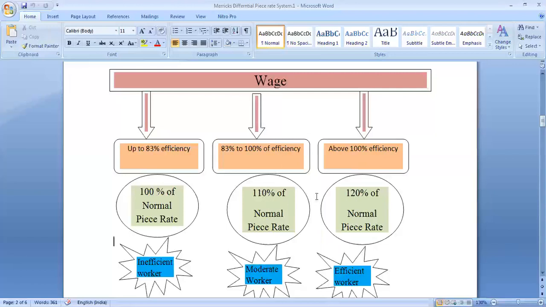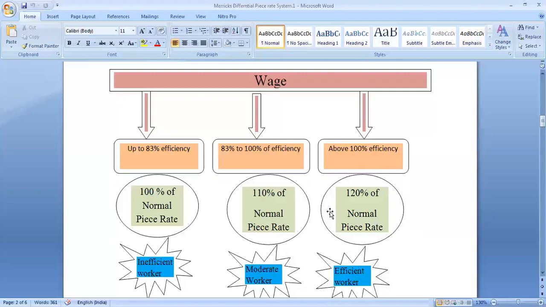The next category, efficient workers, produce more than 100% efficiency. For them, Merrick says we can give 120% of the normal piece rate. So there will be three slabs: a basic slab, a moderate slab, and a higher slab. These are the three slabs of the bonus incentive system proposed by Merrick.